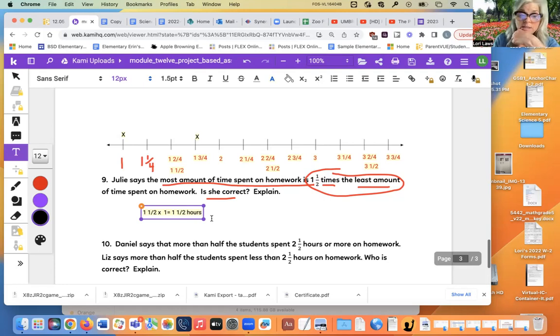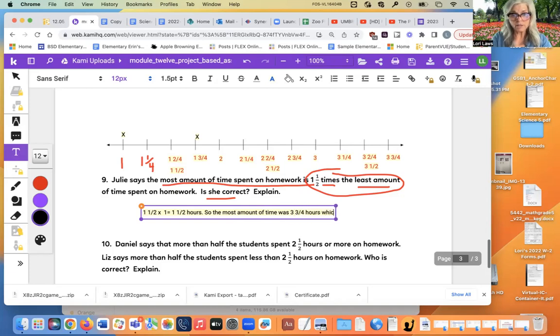1.5 times 1 is 1.5. Pretty easy. The most amount of time on homework, then, is it 1.5 hours? It's not. It's way more. So I'm going to say the most amount of time was 3 3/4 hours, which is way more than 1.5 hours.